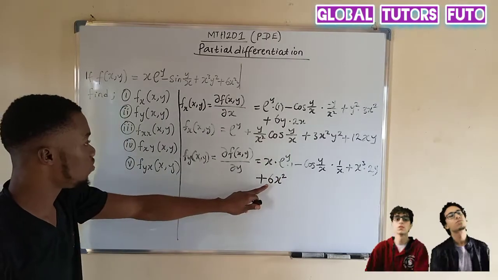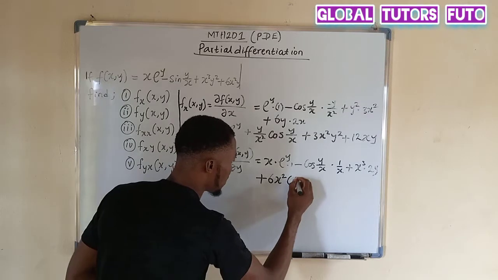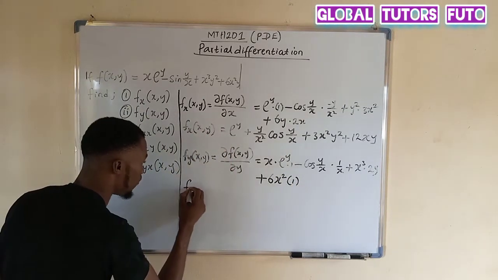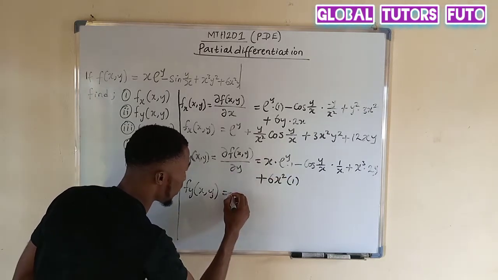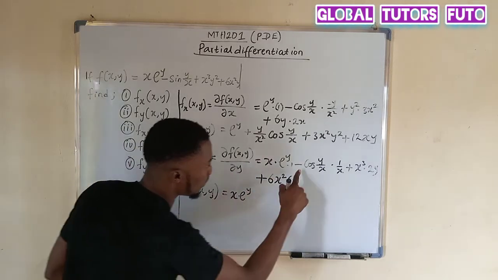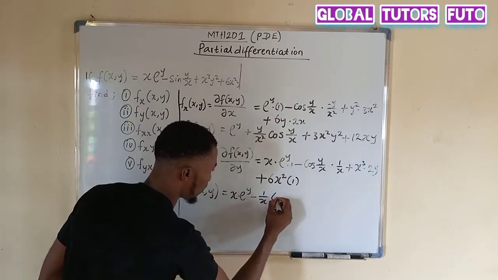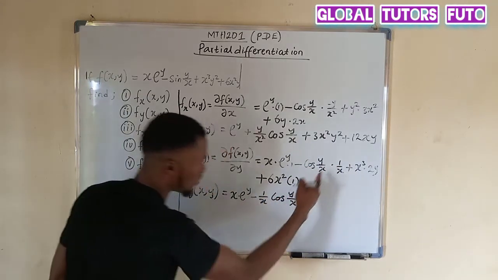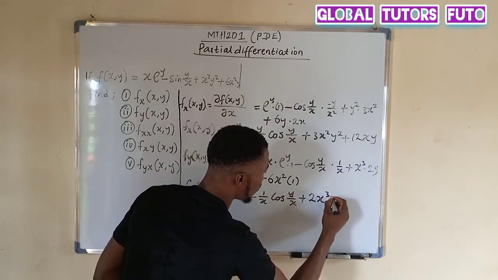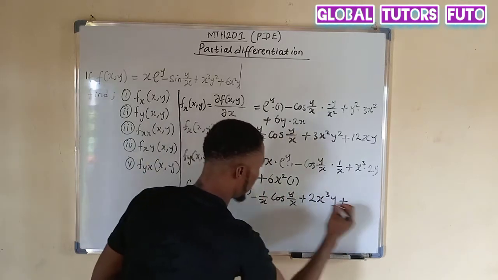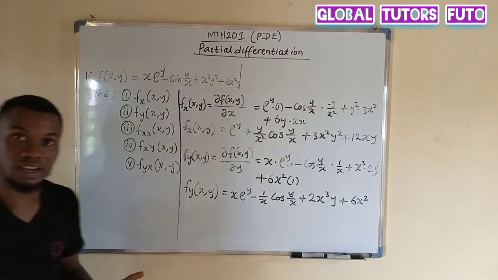So when we differentiate y, we get 1. So our f sub y of the function will be equal to, when we multiply this, e to y, so minus 1 over x cos y over x plus 2s cubed y plus 6x squared. That is the final answer.